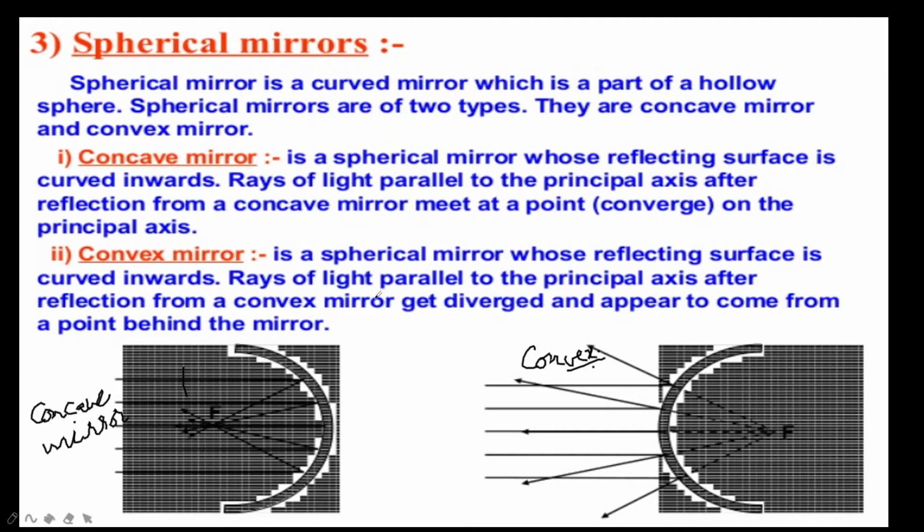Rays of light parallel to the principal axis, after reflection from a concave mirror, meet at a point on the principal axis. Here in the concave mirror, all the light rays will converge at a point. So that's why it is also called a converging mirror.